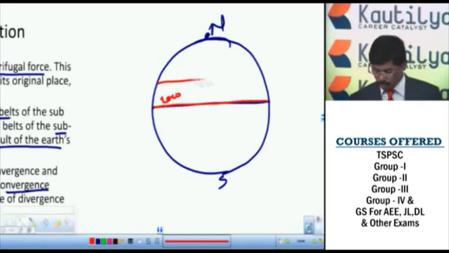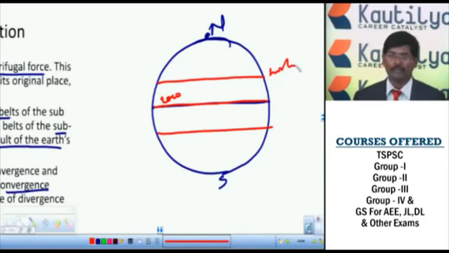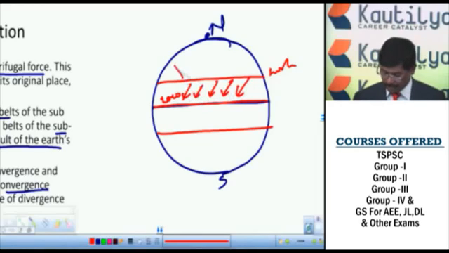Then when you observe the Tropic of Cancer or Tropic of Capricorn, in this region we automatically have high pressure compared with the equatorial region. Due to this, winds will move from high pressure areas to low pressure areas.